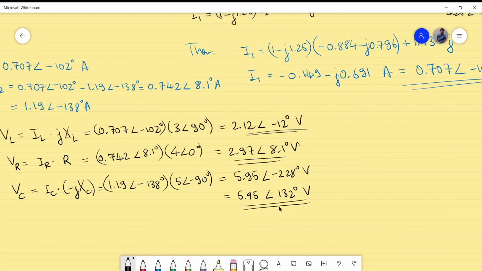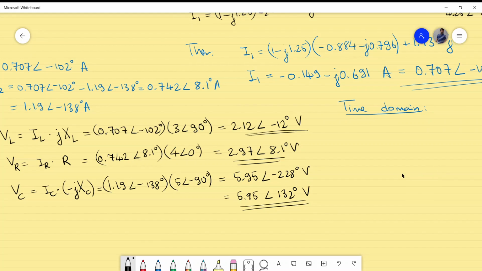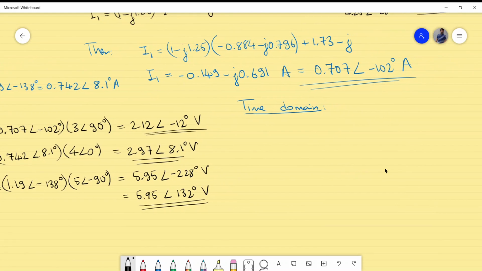Now I have all of them in the complex representation in polar, and I would like to convert this to the time domain. So in the time domain, for VL it will be 2.12 cosine 1000t minus 12 degrees in volts.